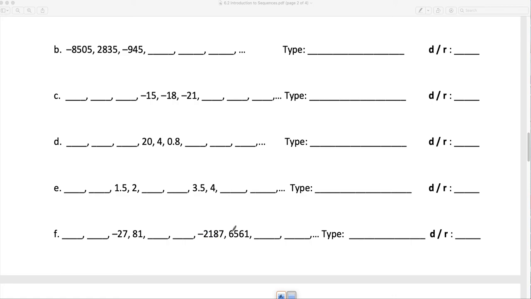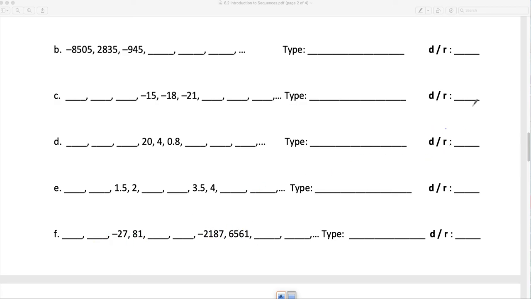So the fact that these signs are alternating is pretty much a dead giveaway that this is geometric. If I take the absolute value, 27 to 81, and 2187 to 6561, whatever it's doing, it's doing it really fast, not slowly. So I've got 2 points here that make me think this is geometric.